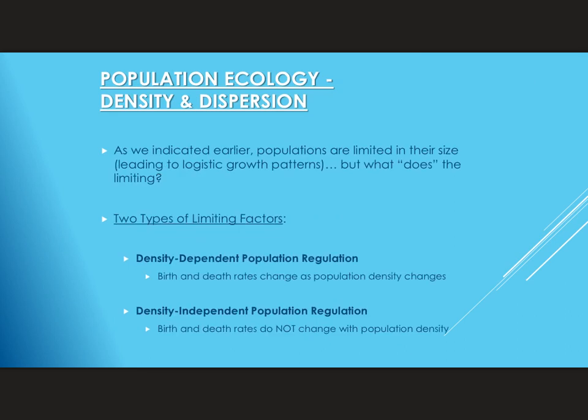Last thing then for density and dispersion is all about the limiting factors that are around. We've been mentioning in this video that populations are limited, leading to logistic growth. But what does the limiting? Limiting factors can fall into one of two groups. They can be density dependent, meaning that birth and death are affected as the density of the population changes.